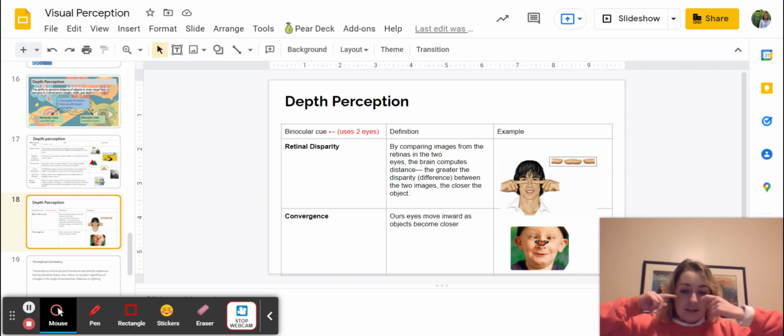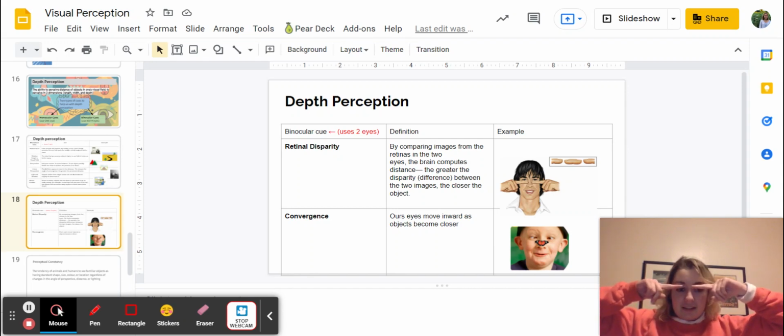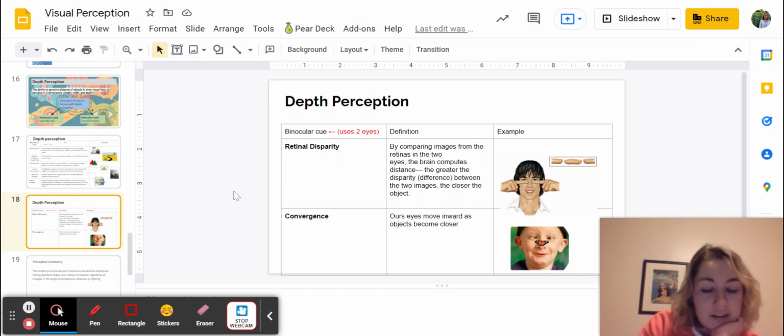You can see here, if you go like this, when it gets blurry, you know it's getting closer and closer. Obviously, when it's less blurry, it's further away.